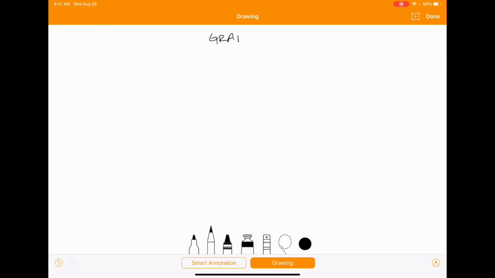So, graphing. All right, now let's say, for example, our system is y equals x and y equals 2x plus 1. We're going to go ahead and graph both of these equations.